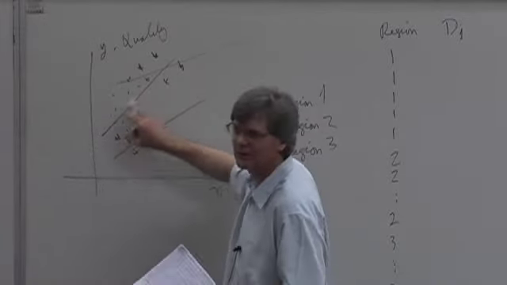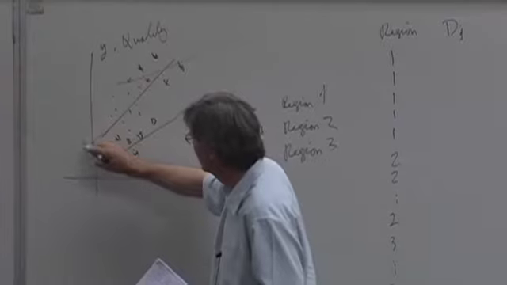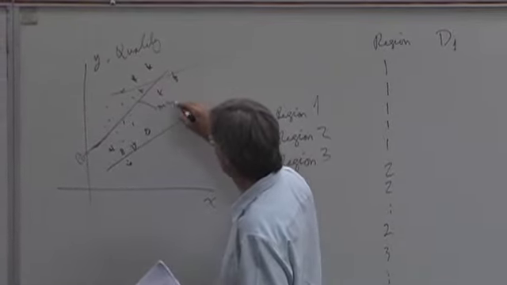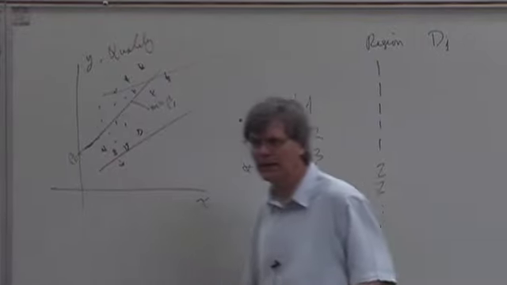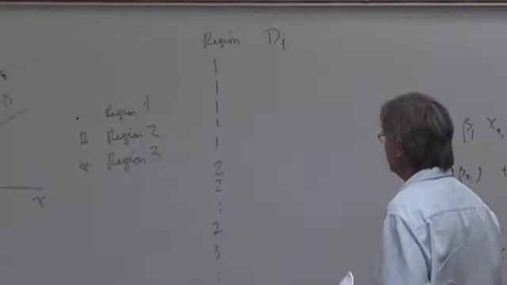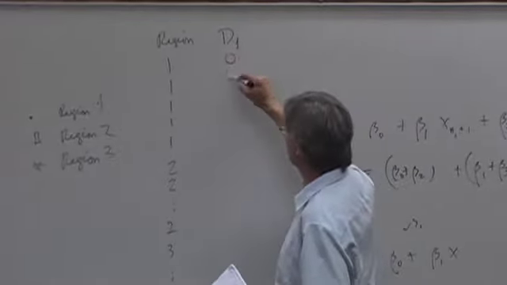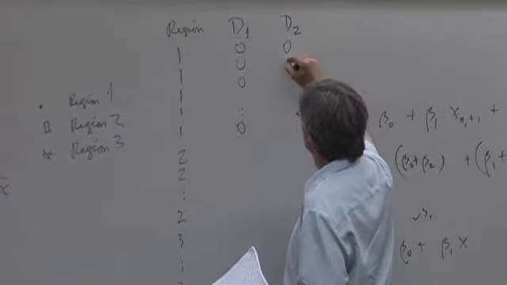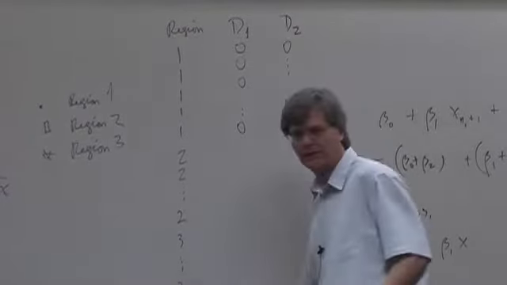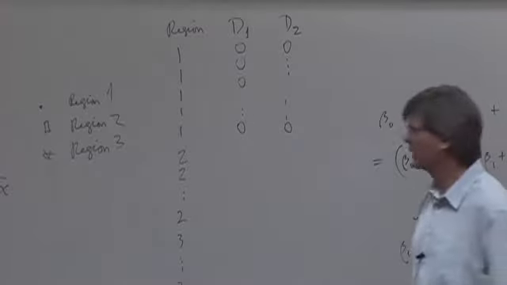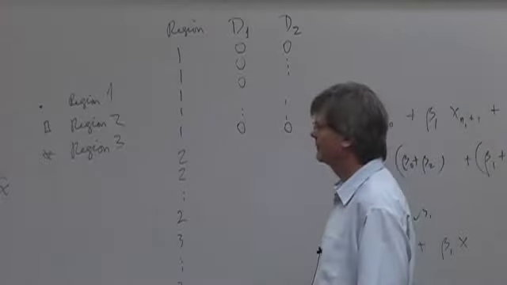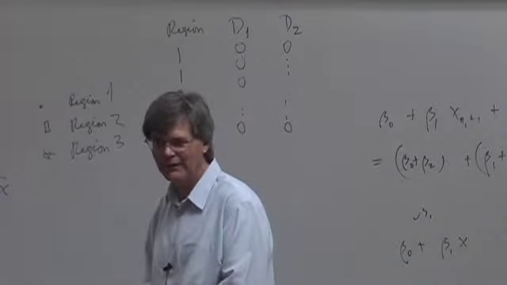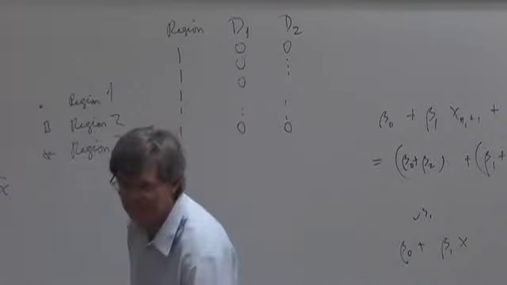So this is beta 0, and the slope is beta 1 of that first line. I don't need either of my indicator variables to be anything but 0 at that point, because I don't want the other parameters to come into the equation for y.